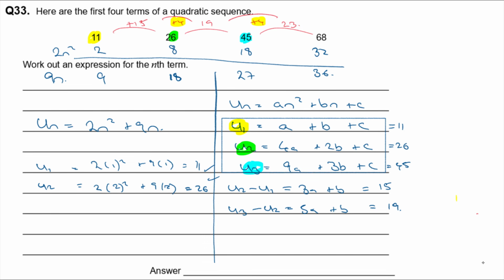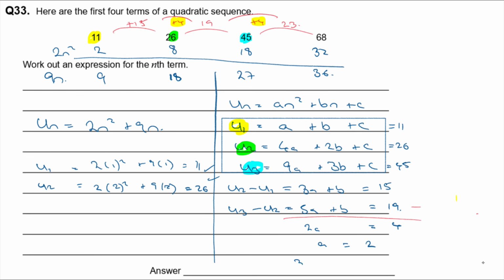So we can solve these 2 simultaneously just by subtracting one from the other. I'm going to subtract upwards because I've got the bigger one on the bottom. So 5a take away 3a is 2a, b take away b is zero, and 19 take away 15 is 4. So I've got 2a is 4, so a must be 2. Subbing that back into our other equation, 3a plus b is 15.